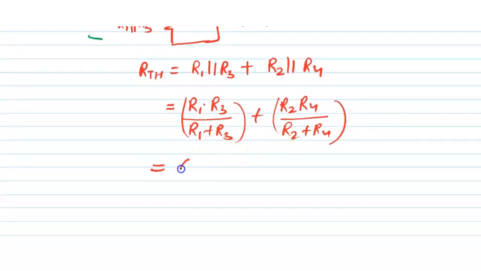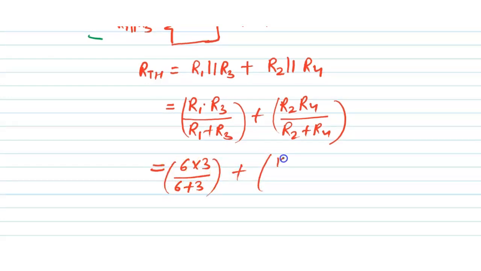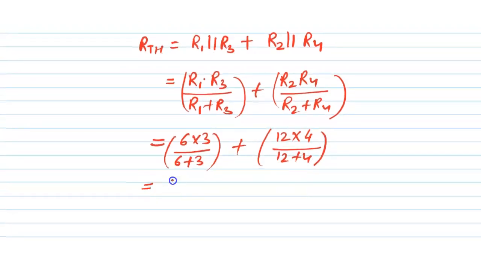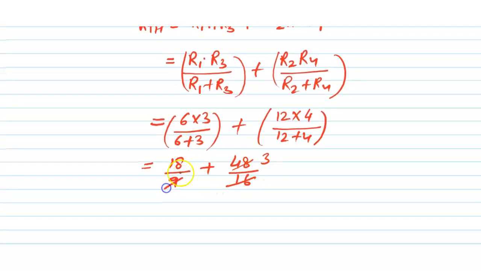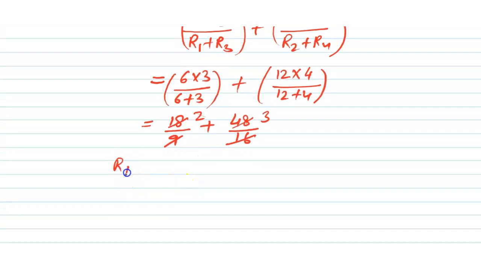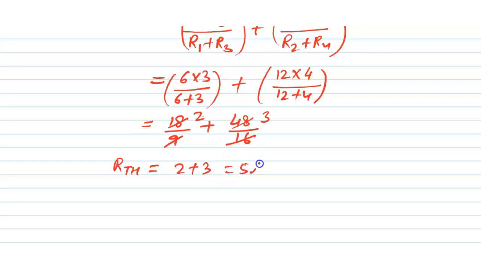So 6 into 3 divided by 6 plus 3, plus 12 into 4 divided by 12 plus 4. This is 18 upon 9 plus 48 upon 16. 48 divided by 16 is 3, and 18 divided by 9 is 2. Then RTH is 2 plus 3, that is 5 ohm.